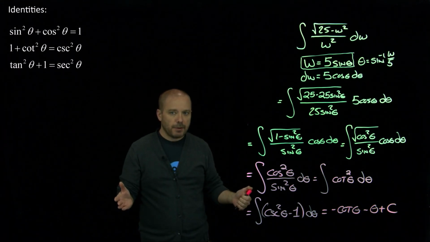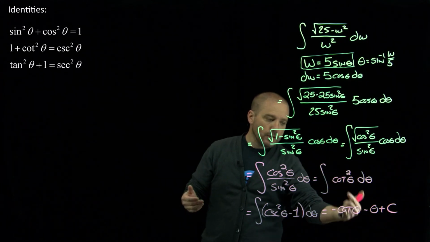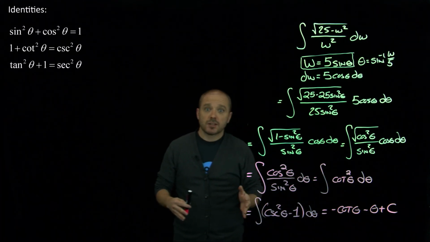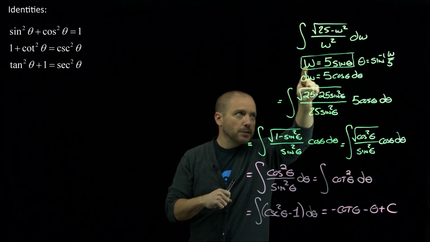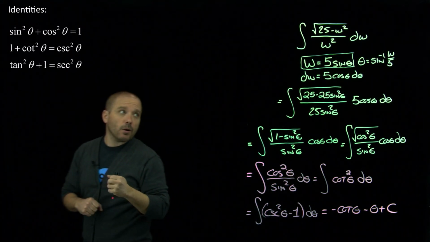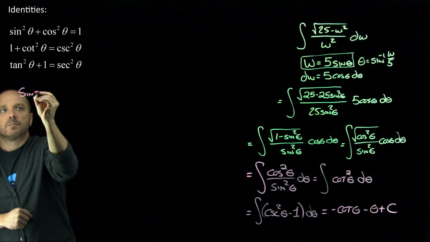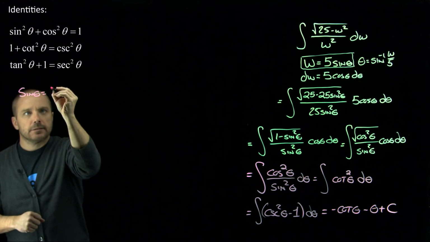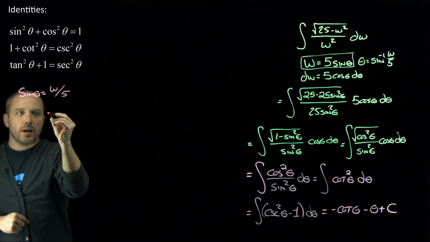Now we have to get back to the original variable. We want to express this in terms of w, not theta. So again, like we did in the tangent example, we want to draw our right triangle. From that substitution, we want to draw a triangle that represents that scenario. So what do we have? We have that sine theta is w over 5. So we draw our right triangle.